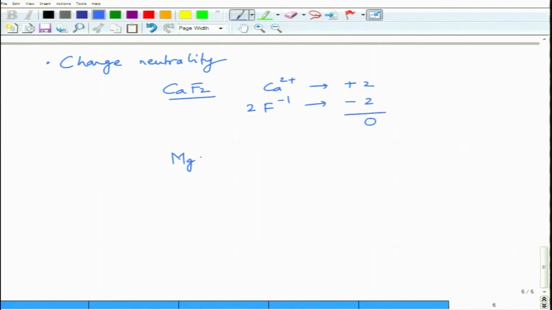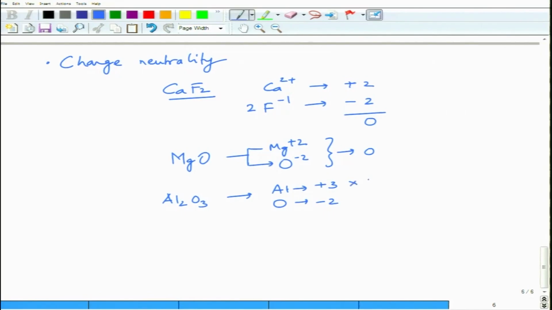Same is true about MgO. Mg is plus 2, oxygen is minus 2, net charge is equal to 0. Other examples are TiO2, and Al2O3, where Al is plus 3, oxygen is minus 2. So plus 3 into 2 is plus 6, minus 2 into 3 is minus 6, net is equal to 0. So this electrical neutrality, the net charge in the structure should be equal to 0.